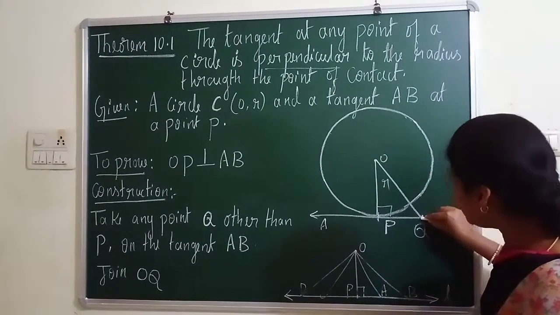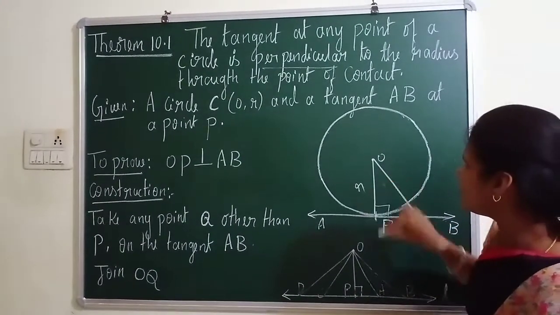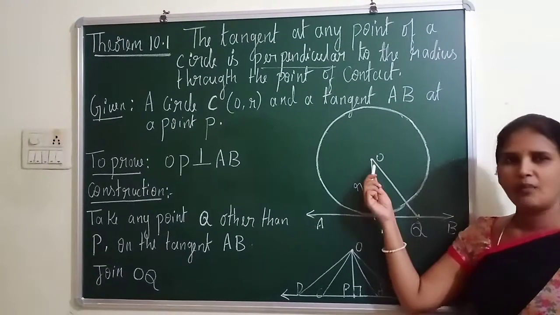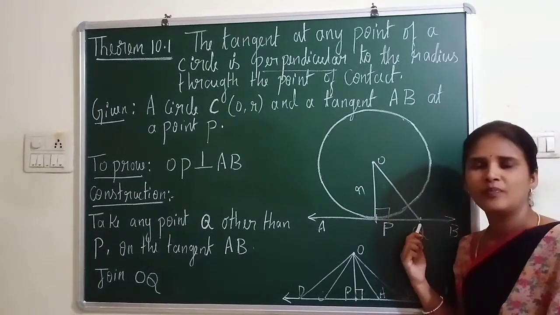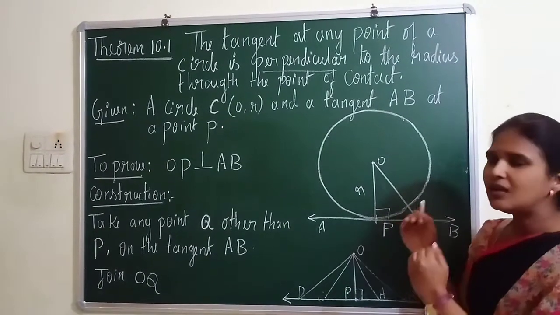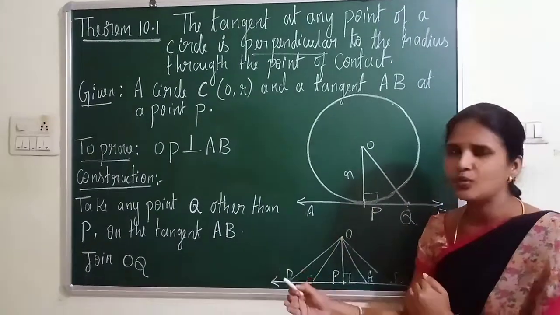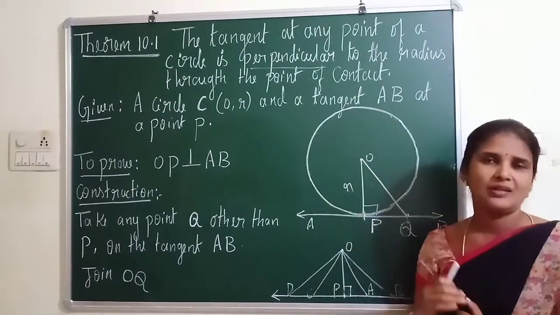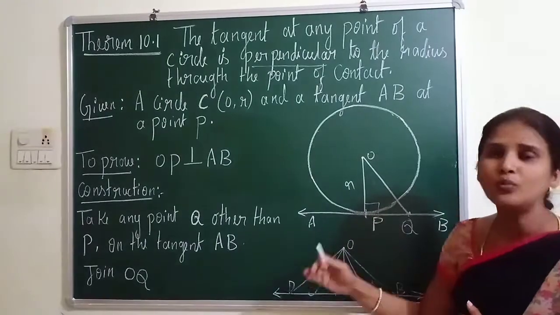You can see here a triangle OPQ is formed. So we have learned what is given, what is to prove, and what is the construction. The last part is to prove the theorem.